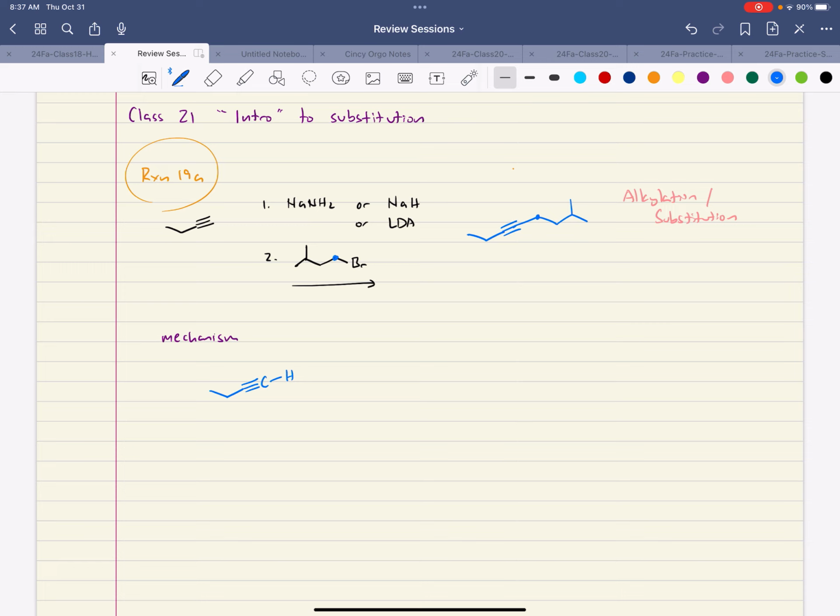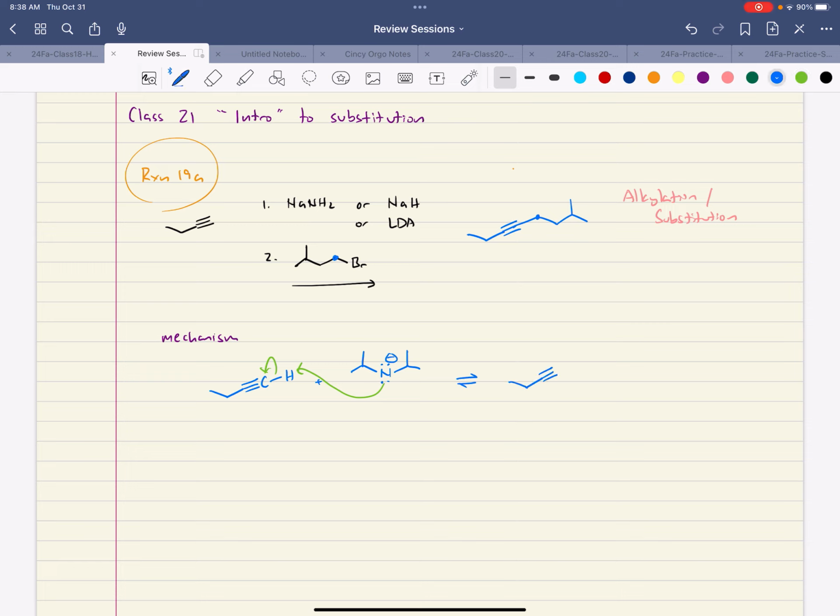Which base should we try? Let's use LDA. Lithium, but I don't normally draw the lithium because that's a spectator ion. The molecule I'm drawing now is the diisopropylamine, which is the DA in LDA. You use the LDA base to deprotonate the alkyne.